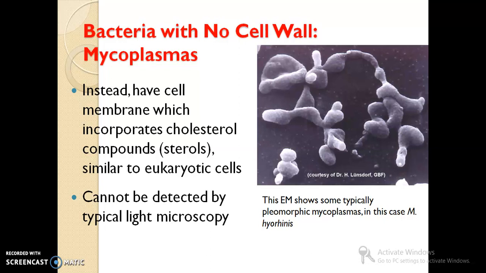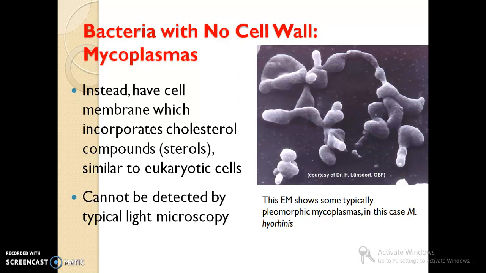A bacterium with a damaged cell wall is referred to as a spheroplast. It is caused by the action of a toxic chemical or an antibiotic. They show a variety of forms and are able to return to their normal form when the toxic agent is removed and they are grown on bacterial culture.